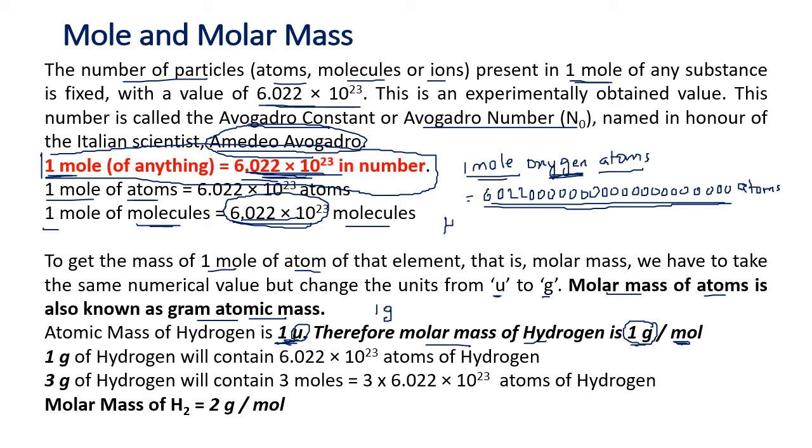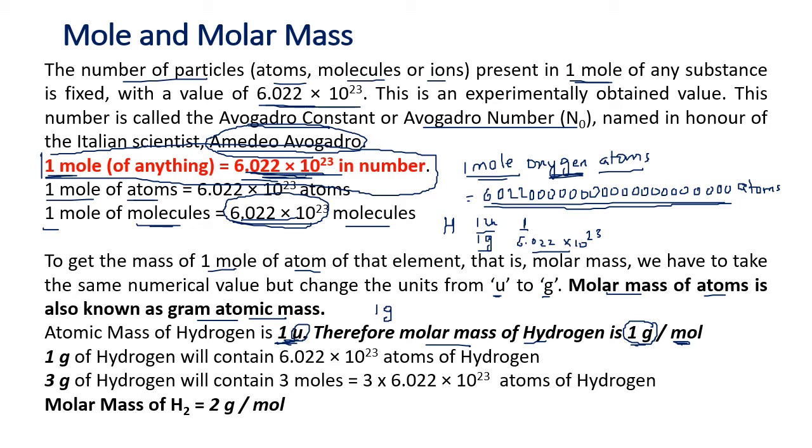If you look at hydrogen, 1 atomic mass unit will have how much? 1 atom. 1 U will have 1 atom. But 1 gram, if you make it G, will have 6.022 into 10 raised to 23 atoms. So 1 unit has 1 atom, but 1 gram has this many atoms.